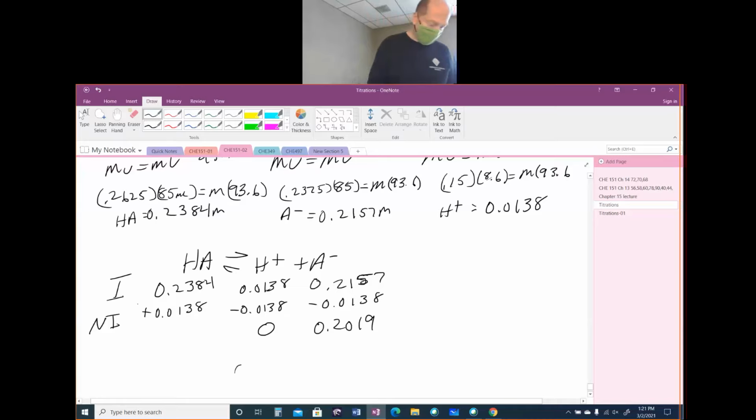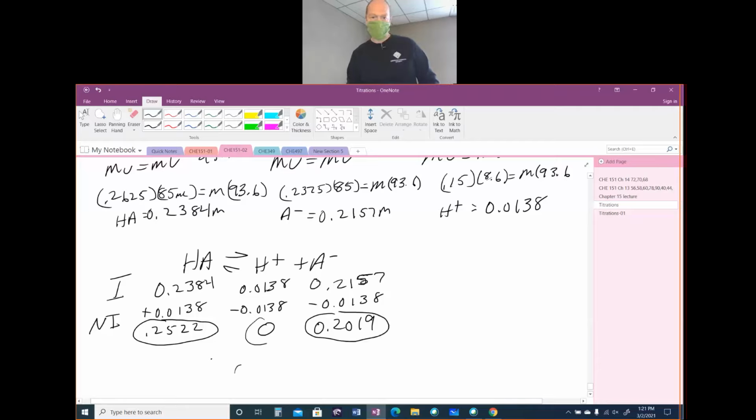And we take our 0.2384 and we add our 0.0138, and we get our 0.2522. All right, and so now we see that we have the concentration of HA, and we have a concentration of A minus, and our concentration of H plus is 0.